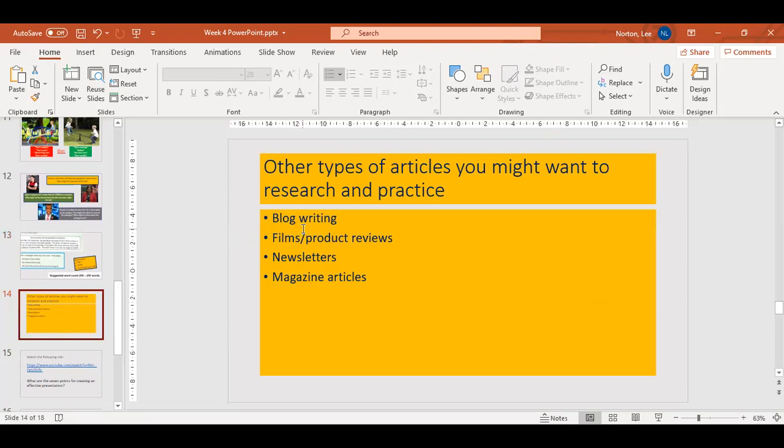So, for example, as well as newspaper articles, you might want to think about blog writing, so online opinion blogs, film or product reviews, newsletters, or magazine articles. They're all things that might come up in your functional skills exams.